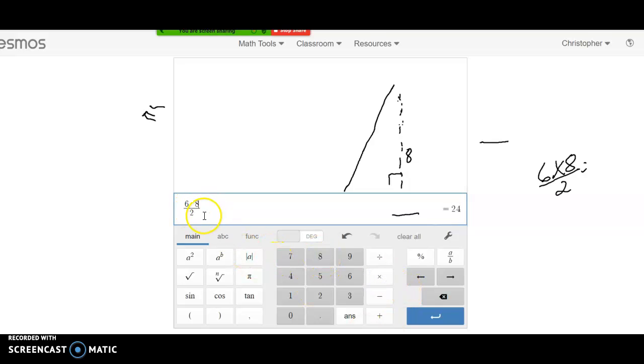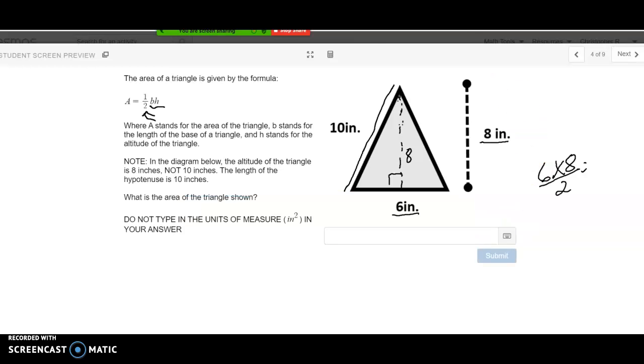So I want it to look like that. Oh, I could hit the fraction button. Anyway, I get 24. So I go back to here, and I'm going to type in 24. Now they don't want the units, so all I'm going to type in is the 24. It won't work if I type in letters, so just put my 24.